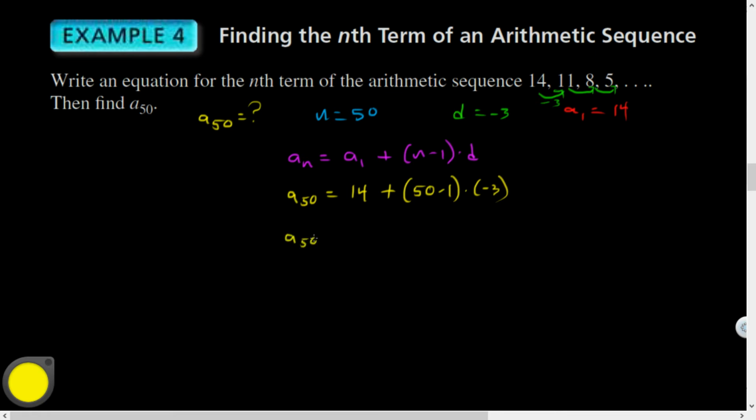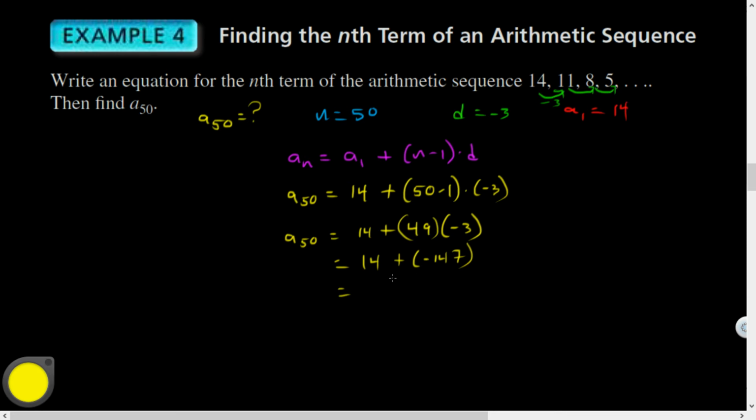So a sub 50 is equal to 14 plus, what's 50 minus 1? Almost. It's 49. 49 times negative 3. Maybe you reach for a calculator for that one. What's that going to be? Is that negative 147? And then 14 plus that.